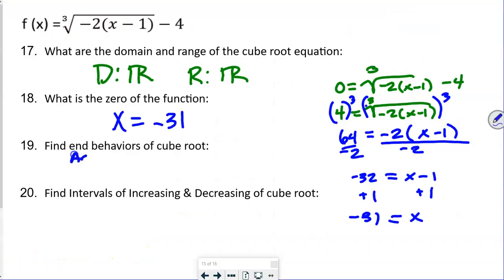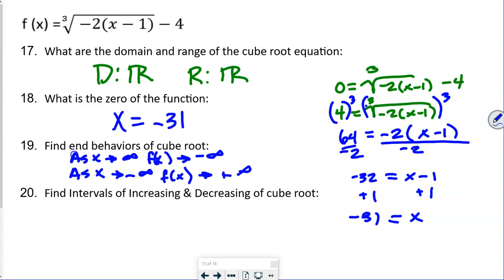So as x approaches infinity, our f of x was approaching negative infinity. If you remember, the graph is going down to the right. And as x approaches negative infinity, that means as we're moving to the left on the graph, f of x was approaching positive infinity. Okay.